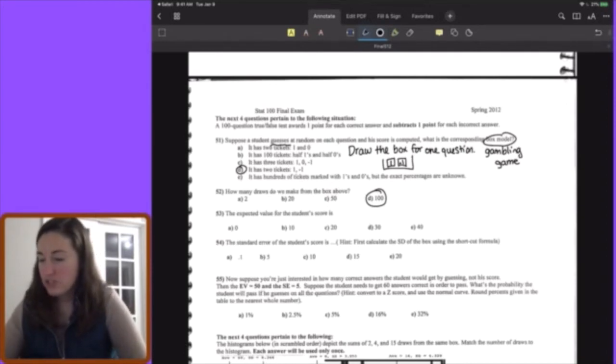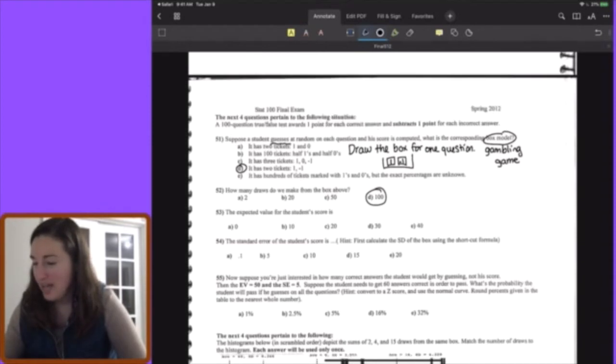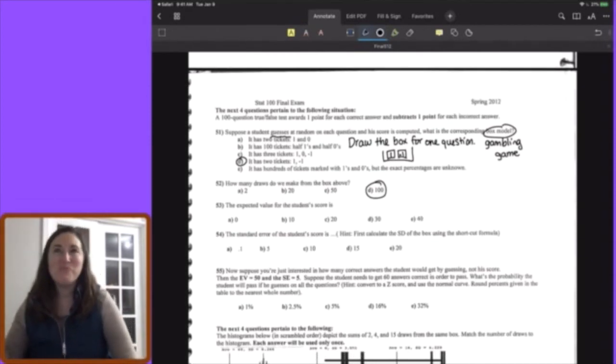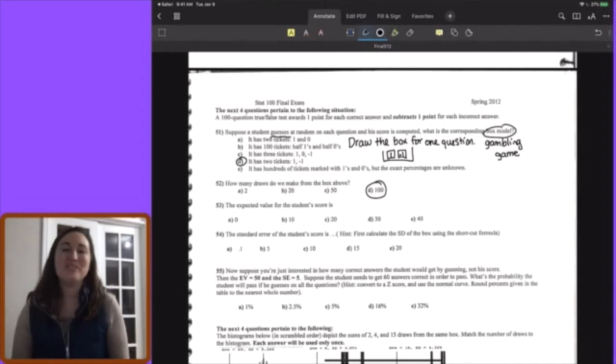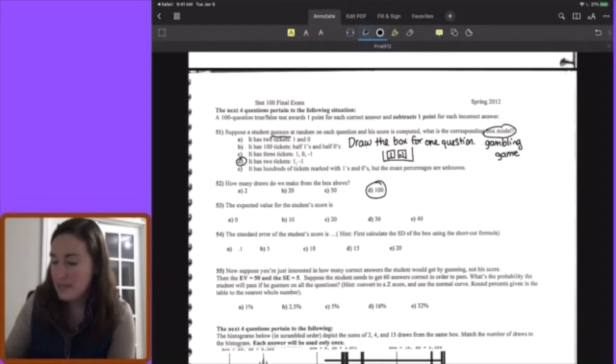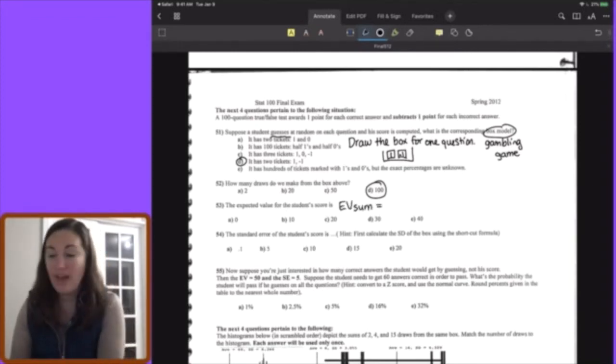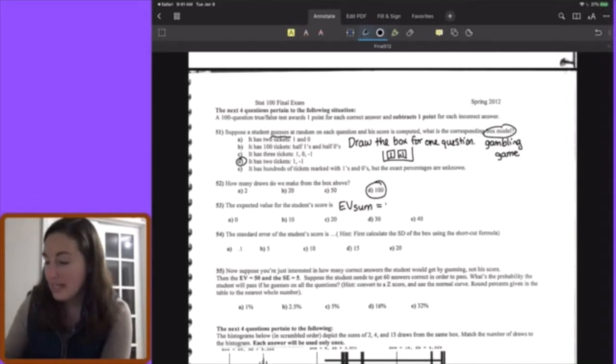What would we expect the student score to get? Well, this one, I guess if I got 1 point for it being correct and 0 points for it not, I'd expect 50. But this is a little bit different because we get -1 points actually for getting it wrong. So I'm going to go ahead and do the expected value of the sum in this case, because there's no mention of averages or percents, and that is just n times the average of the box.